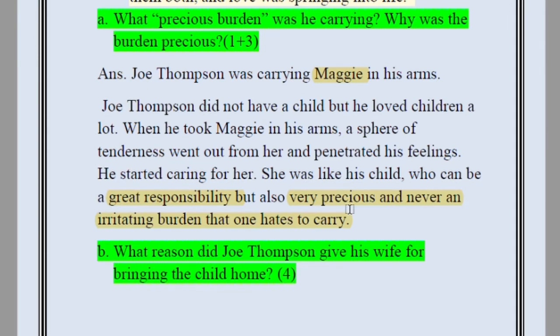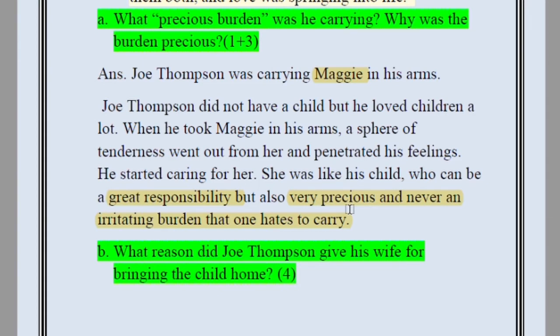See, you are also a responsibility to your parents, isn't it? Your responsibility is what your parents need to bear, isn't it? However, it is not an irritable burden. You are not an irritating burden to your parents. Obviously you are a responsibility to your parents, but you are a precious responsibility that your parents love to carry.